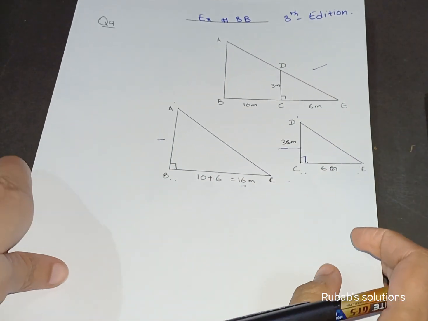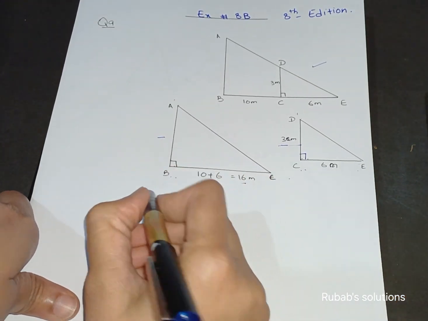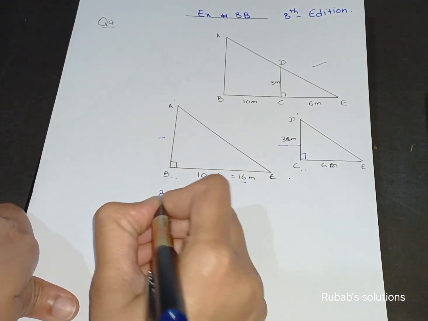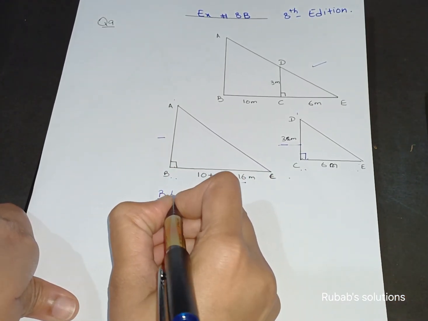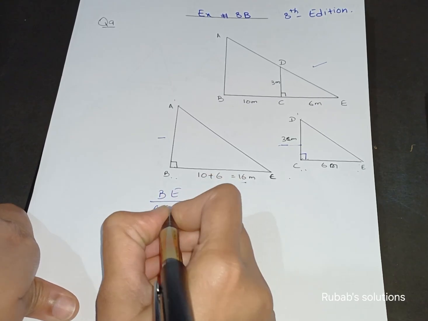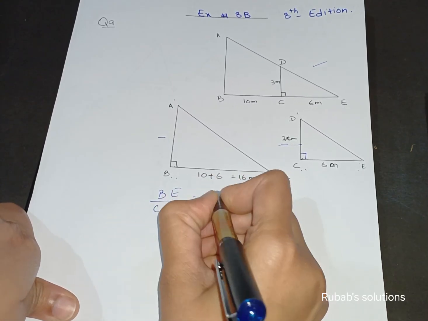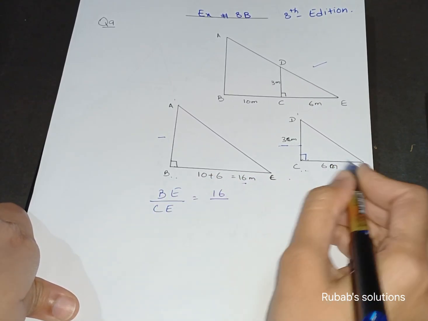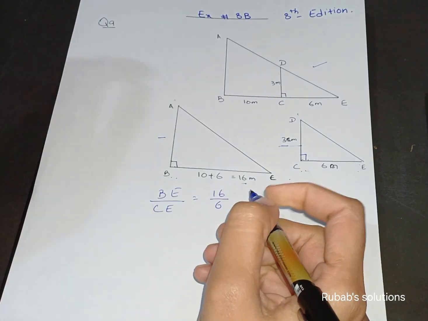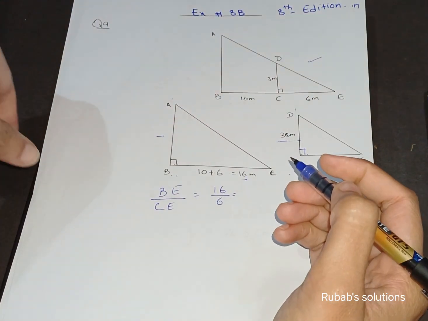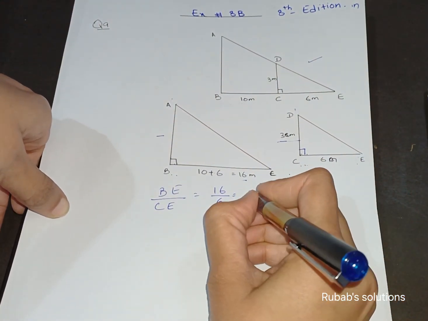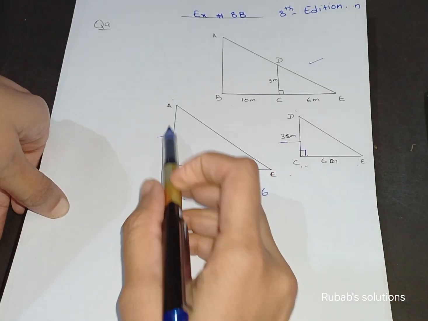First of all I have to find again the common ratio. BE divided by CE is equal to 16 divided by 6, and the answer from here is 2.6. Now I have to find AB.